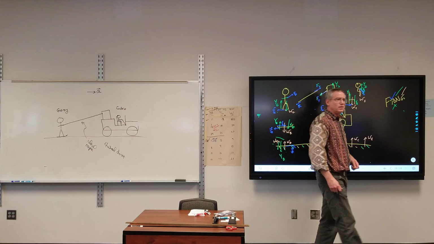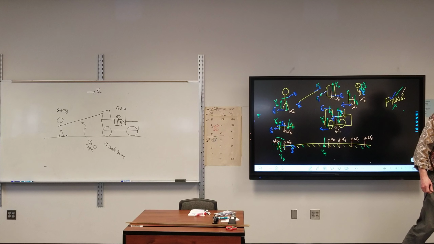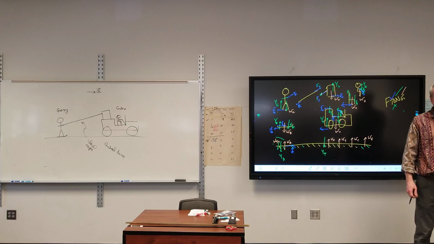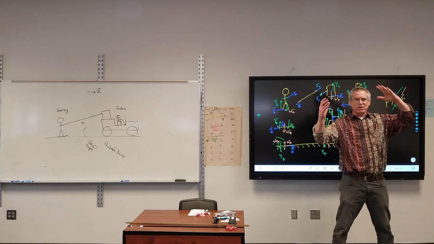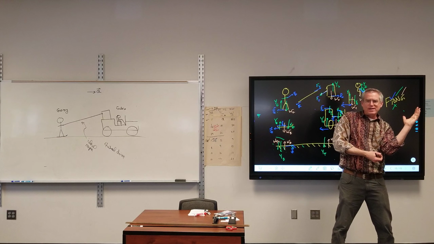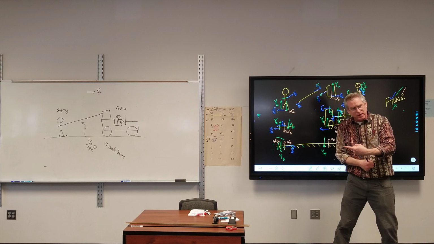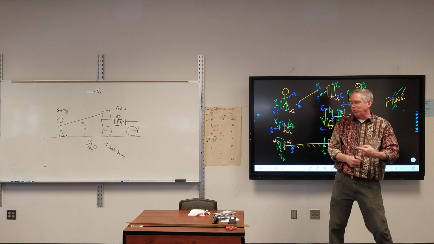The friction would be from the ground. What part of the truck is the friction acting on? Tires. The tire wants to move like this. At the point of contact, the tire wants to move that way. The ground is opposing the motion of the tire at the point of contact.